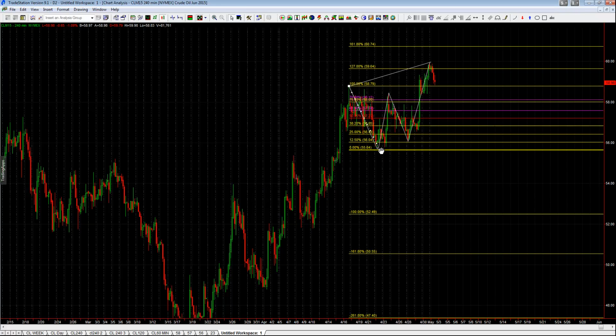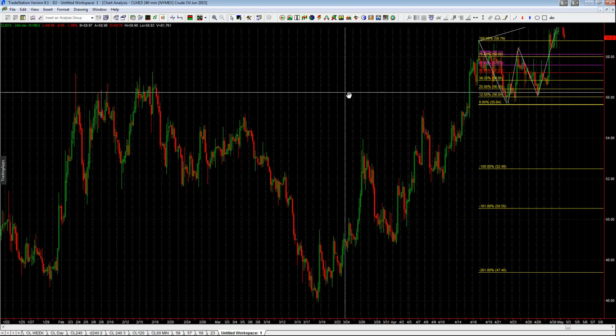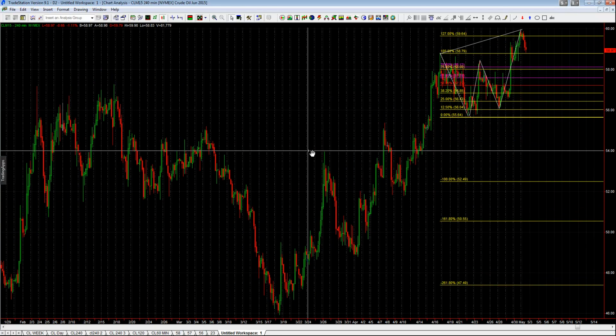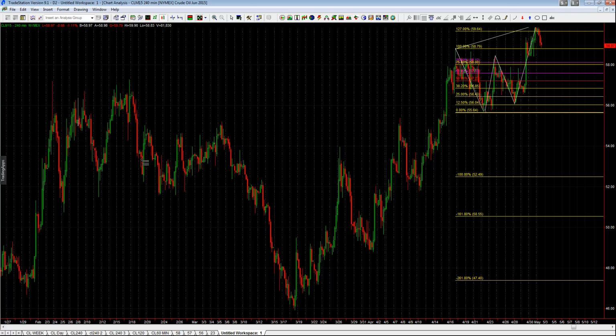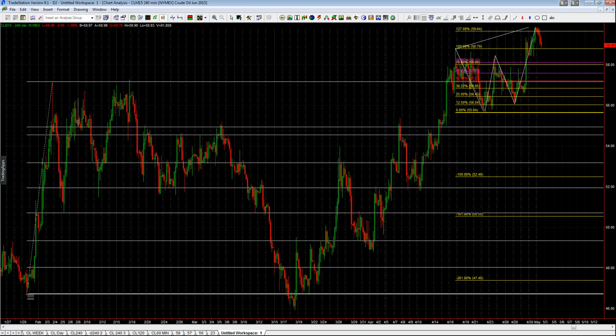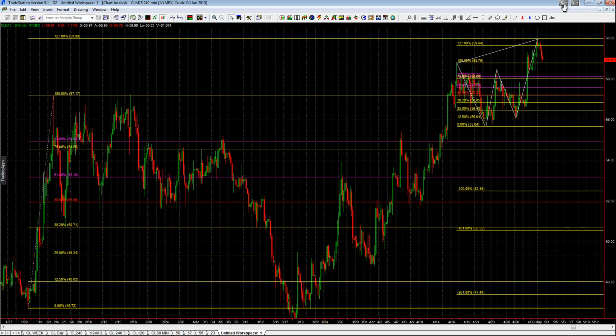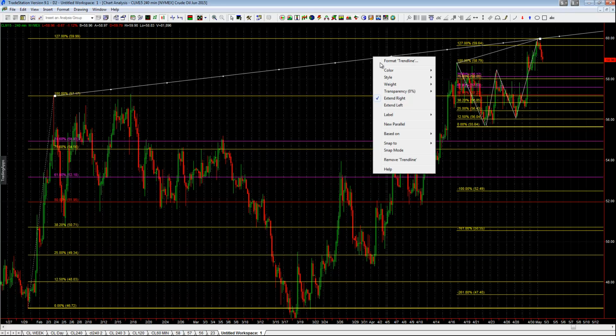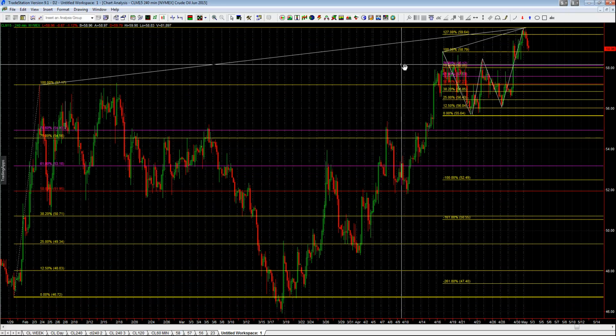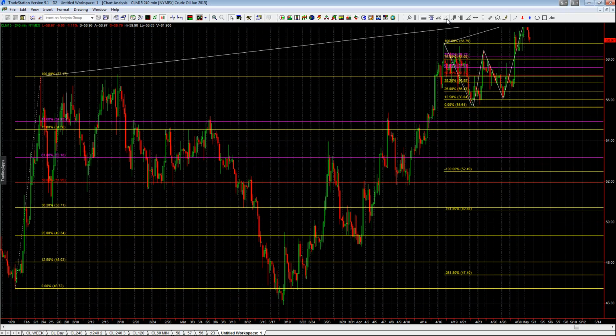So we will see that this last swing was also a 127, as I just showed on the daily. This swing here was the top that we made here. The swing that I was alluding to, that was actually the completion.